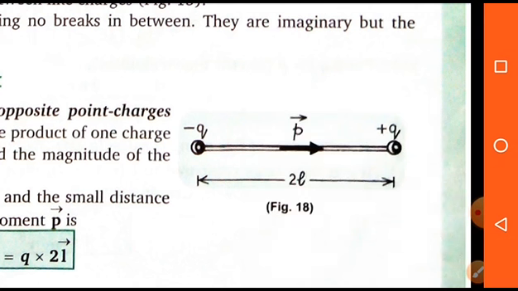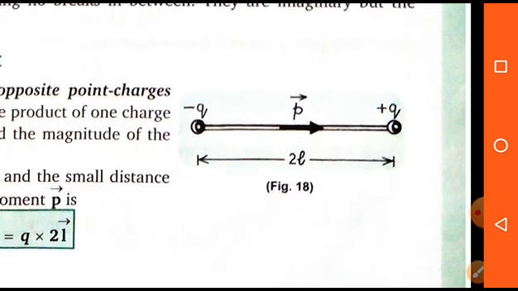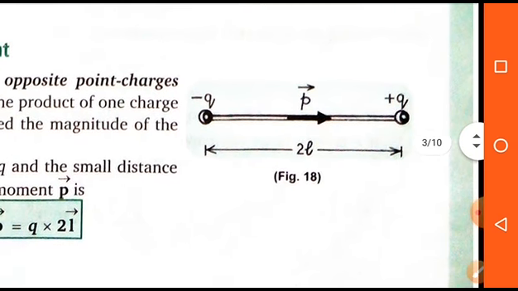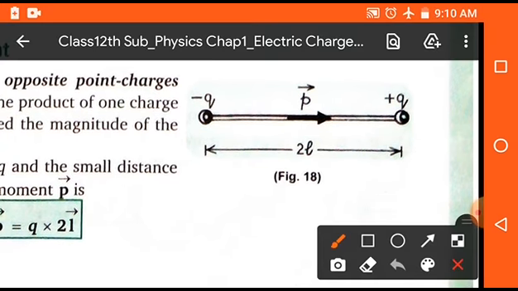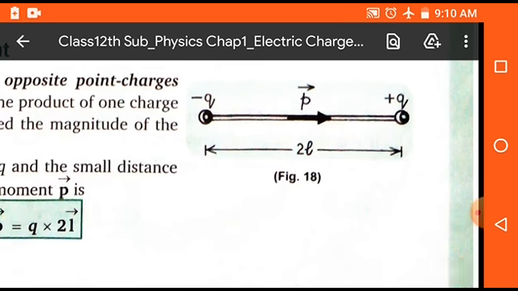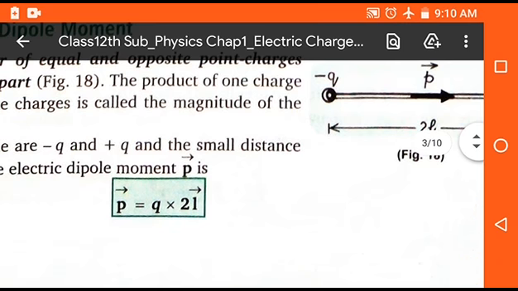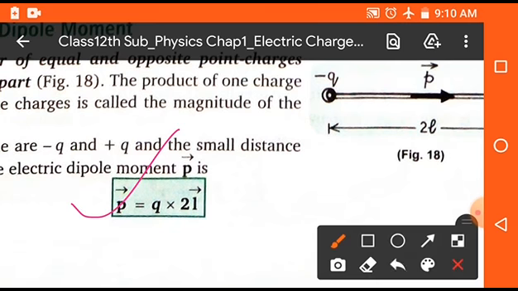And electric dipole moment can be defined as the product of the charge and the distance between these two charges. It is given as P is equal to Q into 2L, where P is the electric dipole moment, Q is the charge, and 2L is the distance between these two charges.